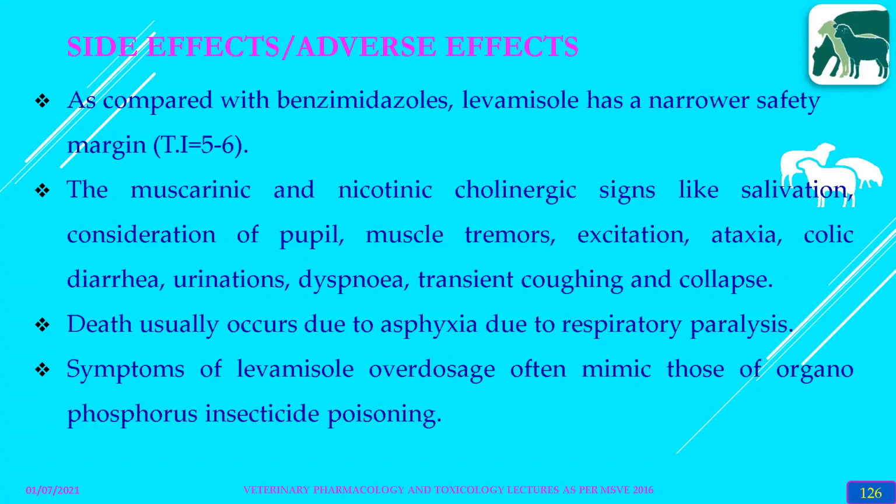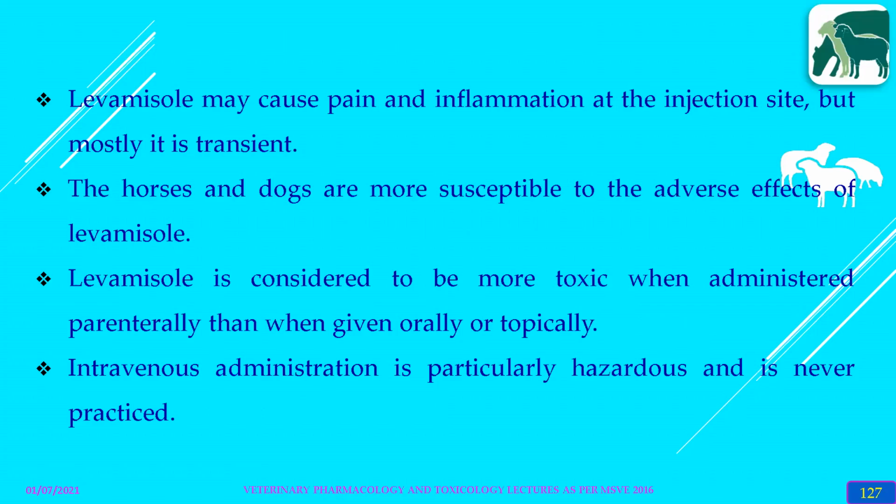Death sometimes due to overdoses causes asphyxia in animals, and symptoms of levamisole overdose are very similar to those of OPC compounds, and hence it can be treated accordingly. A lot of pain and inflammation at the injection site it causes. So horses should never be administered levamisole, and intravenous administration is very, very hazardous.